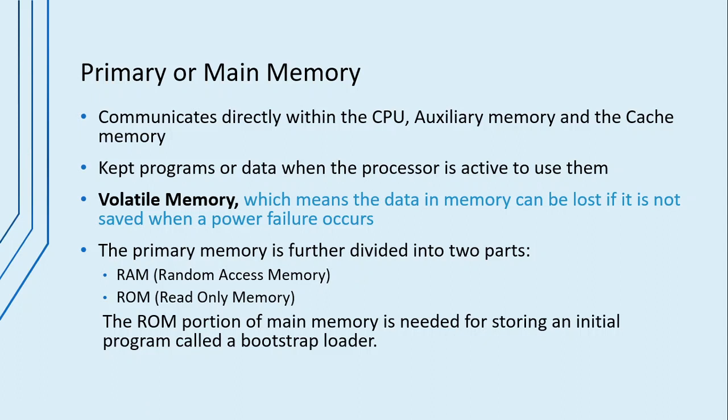For example, whenever you start your PC, at that time your operating system is loaded into main memory, and this is done by the bootstrap loader. This bootstrap loader is stored in the ROM portion of your main memory, and ROM is an example of non-volatile memory. So most of main memory is volatile, but some part is non-volatile, which is implemented by using ROM.